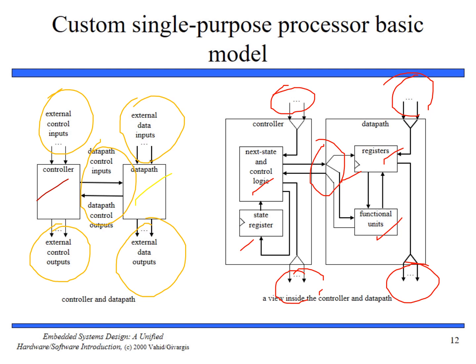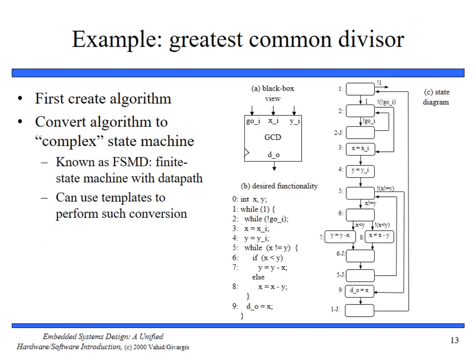Moving on to the next slide. This last slide is about the example of greatest common divisor. We are going to make a custom single purpose processor, in which we can apply the combinational and sequential logic design techniques described earlier to build a controller and data path.